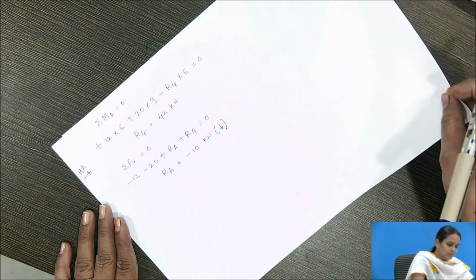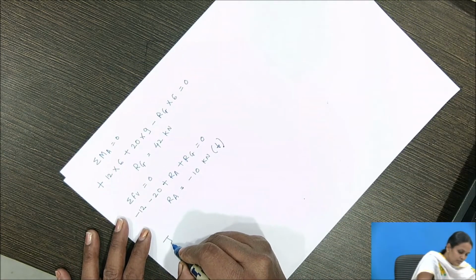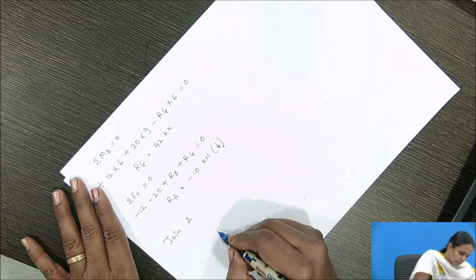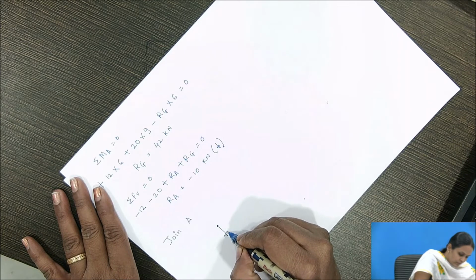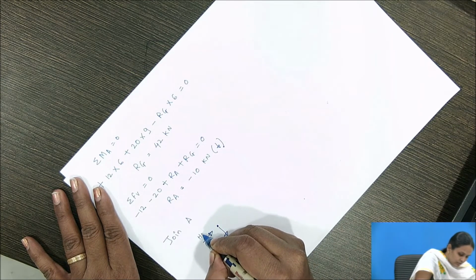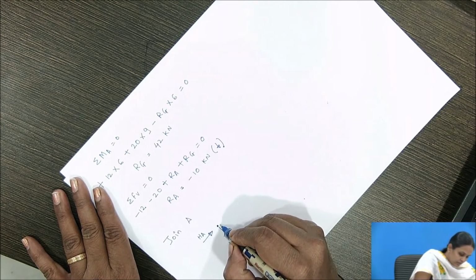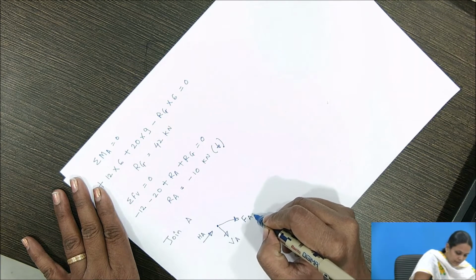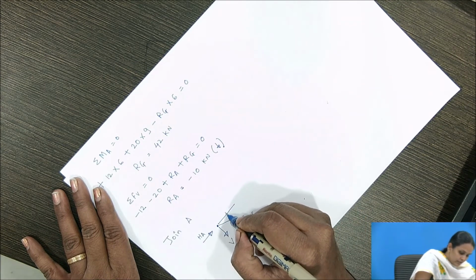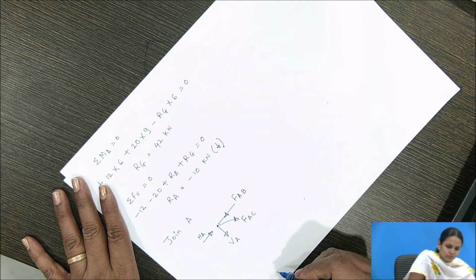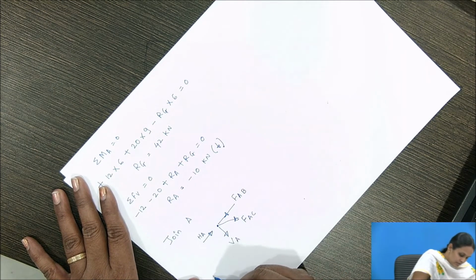Now I will consider joint A. If we consider joint A, what is the free body diagram? It is the vertical force Va and the horizontal force Ha, then the force in member AC, and again I will consider the nature of force in member AB as compressive. First I will consider sum of all vertical forces is equal to 0.